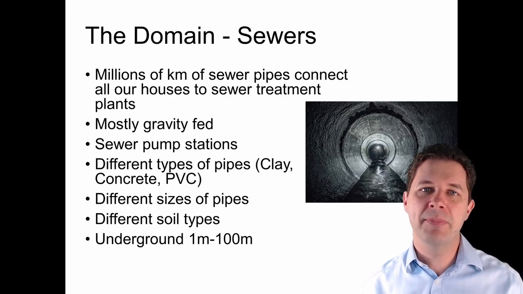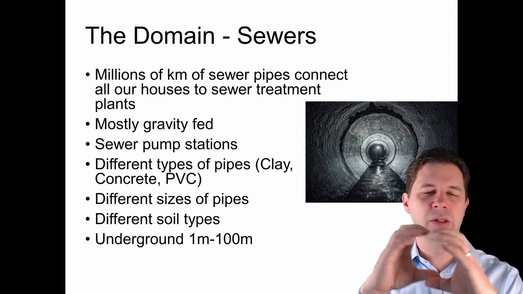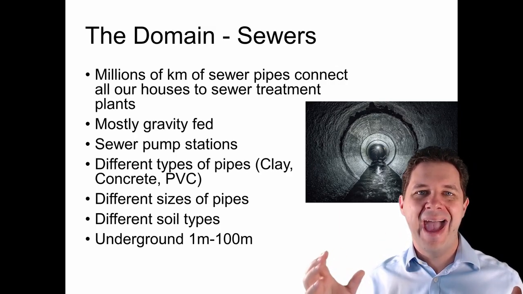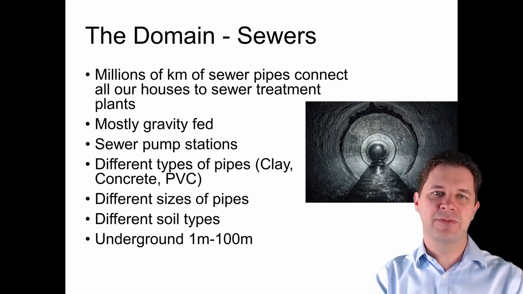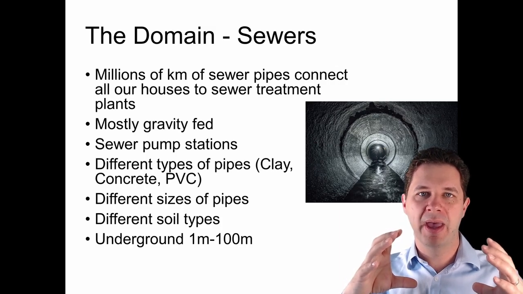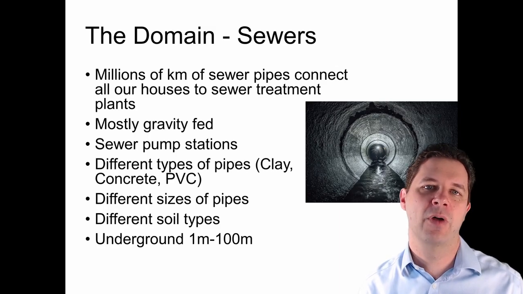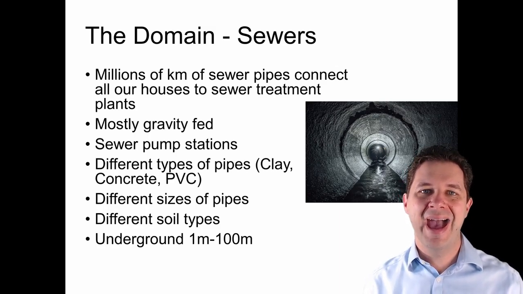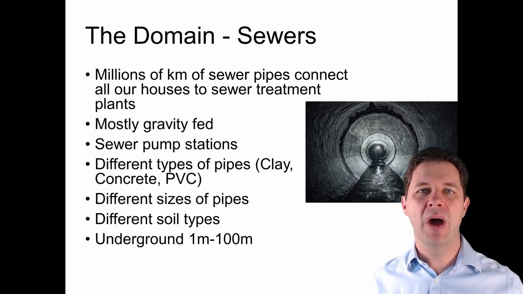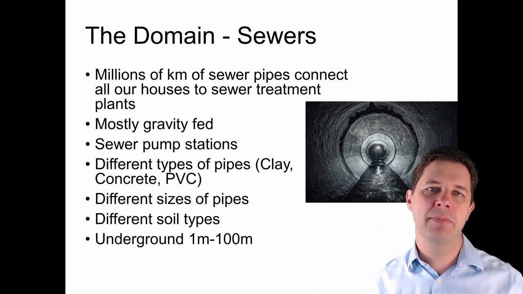Now, typically the pipes that go to our houses might be quite small. They might be 90 or 100 mil or something like that. But as a bunch of houses flow into a pipe, that pipe size will need to be larger. So it might be a 200 mil pipe or a 300 mil pipe when we've got a whole lot of houses flowing into it. And then as a whole lot of those pipes flow into bigger ones, we might have 600 mil pipes or 1 meter pipes.